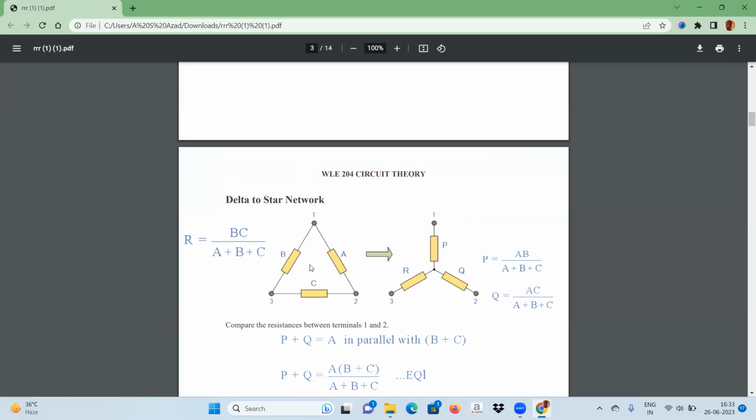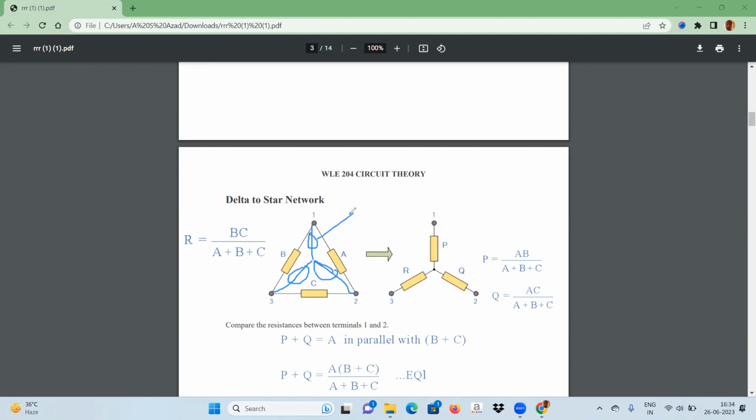For this delta connection, we can design a star connection like this, with three elements connected in star, and we can calculate P like this. P is equal to A times B upon A plus B plus C. Let's see, this one is the star connection, and these are element 1, element 2, element 3.